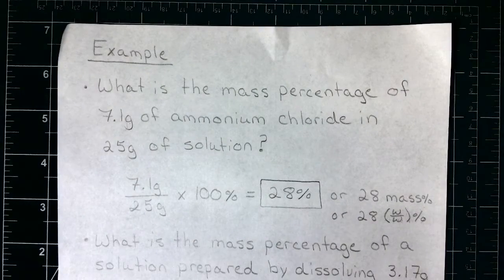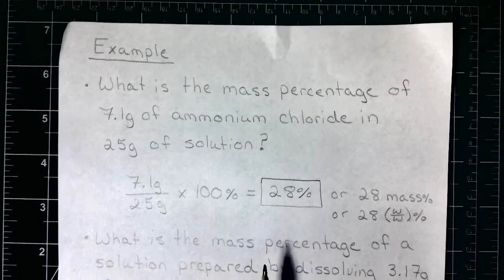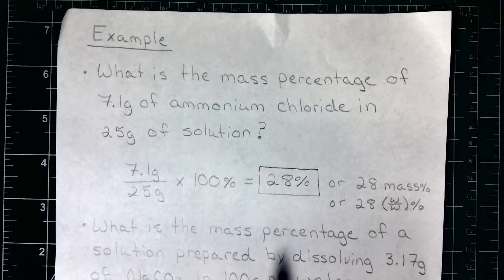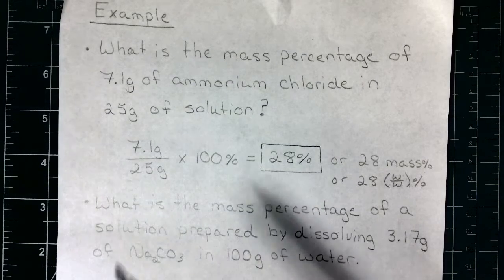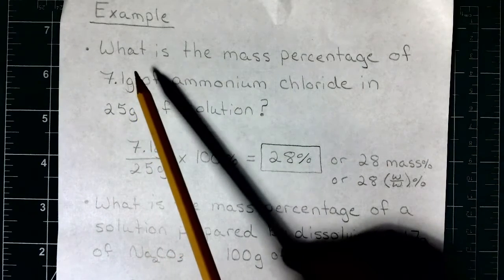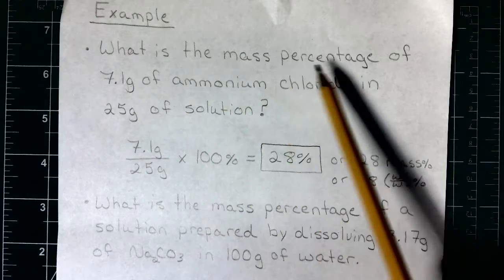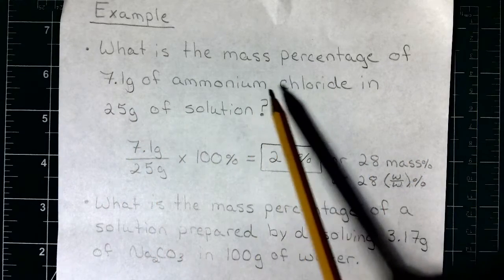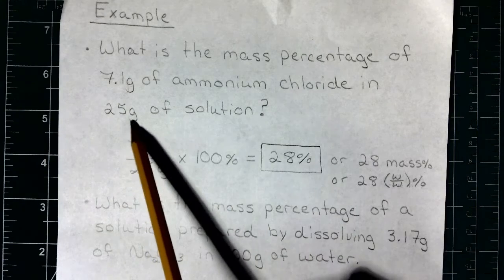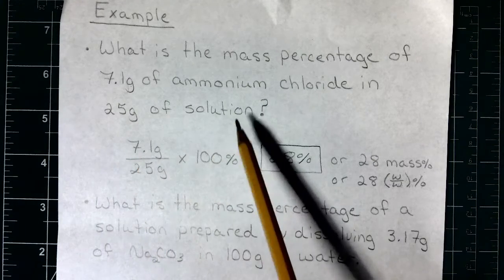So let's take a look at some different example problems for our concentrations. This one says, what is the mass percentage of 7.1 grams of ammonium chloride in 25 grams of solution?